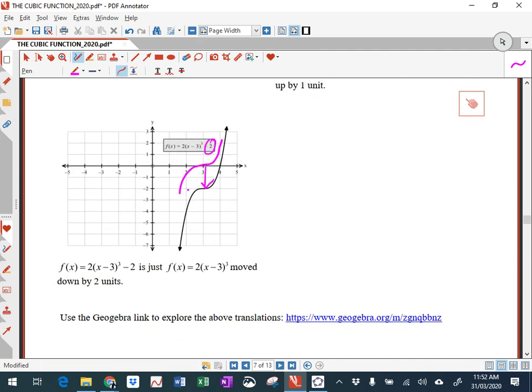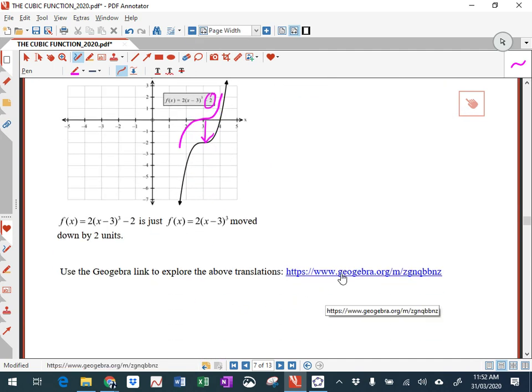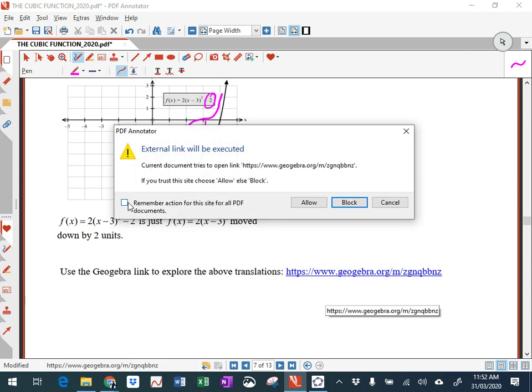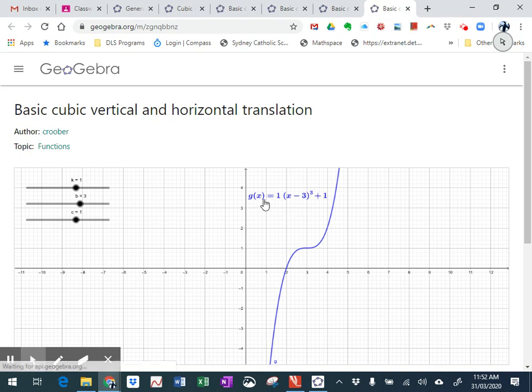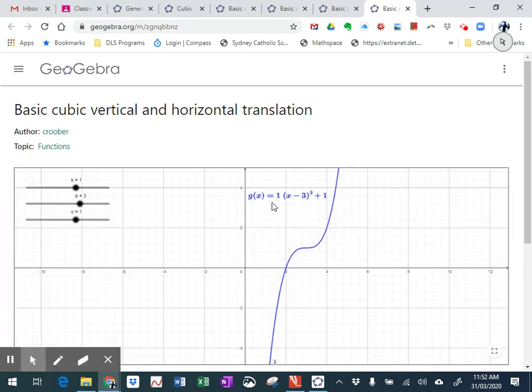There's a little applet here you can play with to have a look at that idea. The k value is 1, the b value is 3, but we want to see what happens to the c value. You can see that graph is moving up. There's my original function.